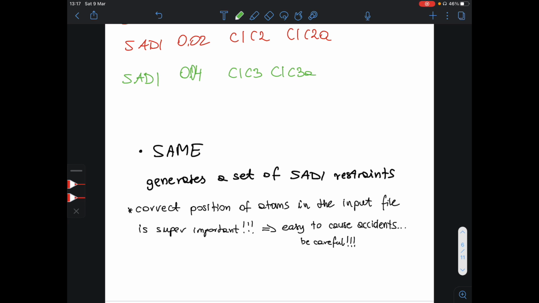So it's very easy to cause accidents if you don't pay attention to the order of atoms. So in general, when I have, let's say, only one tert-butyl group disordered in my structure, I usually play with SADI restraints. But if I have, let's say, 8 different tert-butyl groups in the structure, some of them are disordered, some of them are not, then I usually go for SAME, as it's much easier to use, but I'll show you that later.